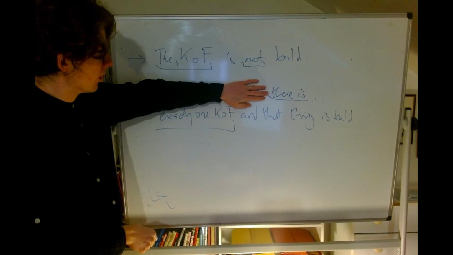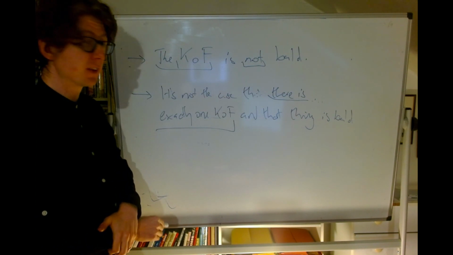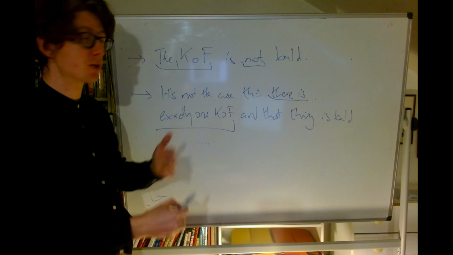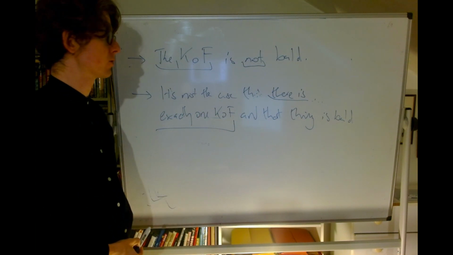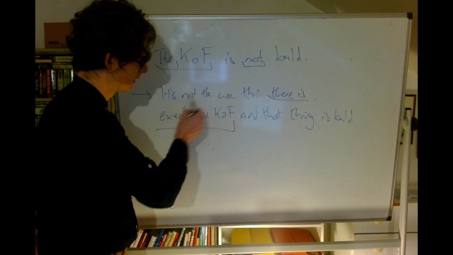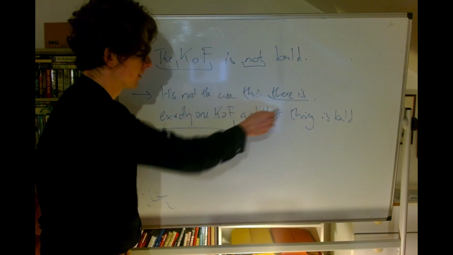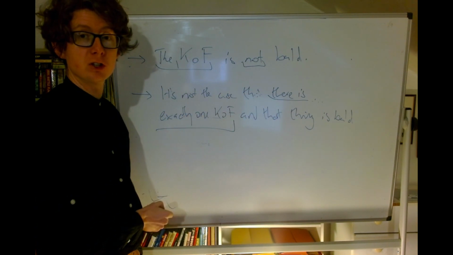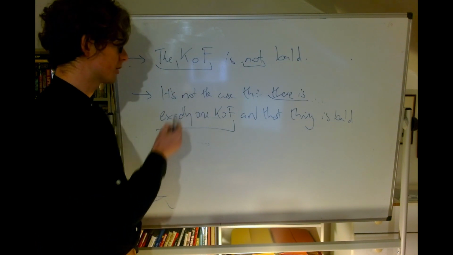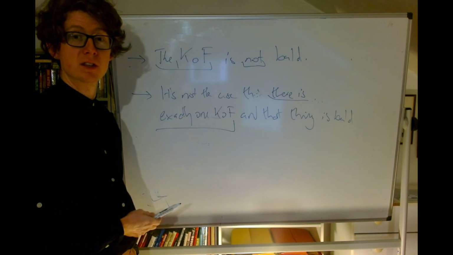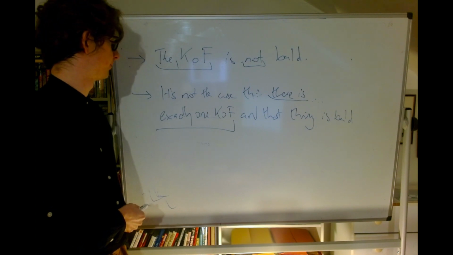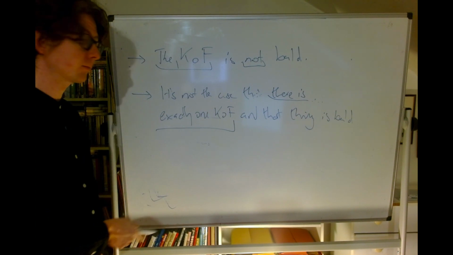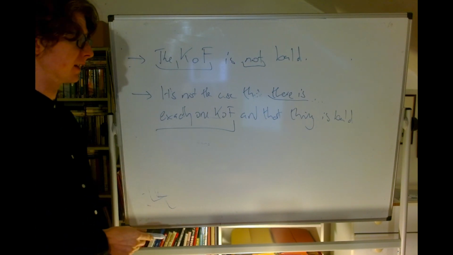But if that is false, then the claim that it's not the case that must be true. So this entire sentence must be true, because what we have is a negated conjunction whose first part is false. It's not true that there's exactly one King of France, because there's no King of France. That's the true way of understanding the sentence.